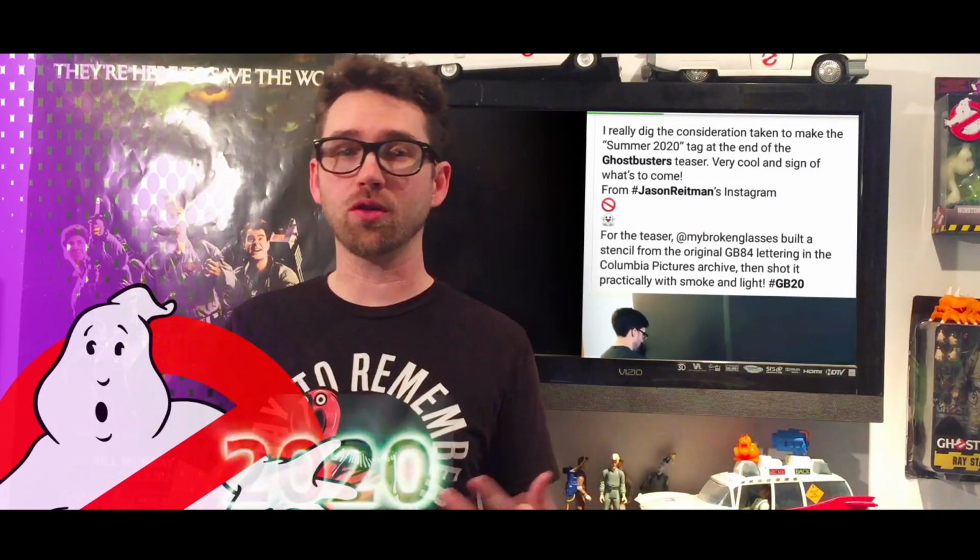So with this Jason Reitman tweet, what we can guess is that they're going to do more of the classic ILM way, where they're going to do either puppets or some kind of practical effect, and then they will composite that, and since it is 2019, they'll probably do digital work to it.